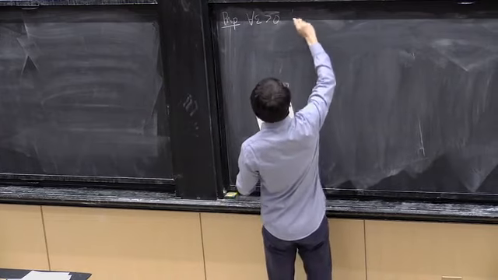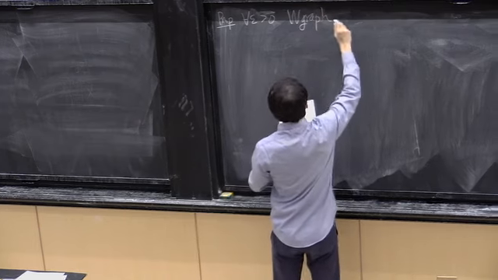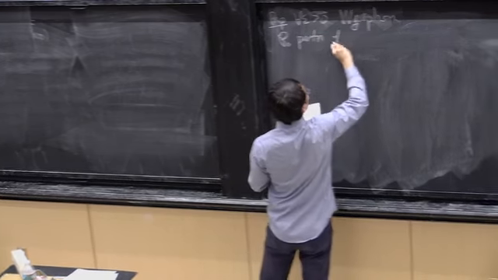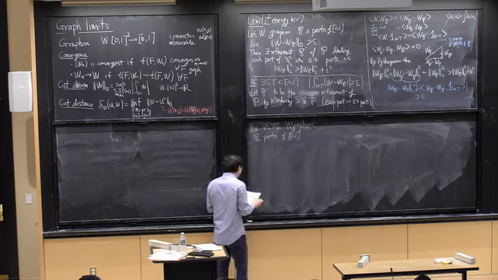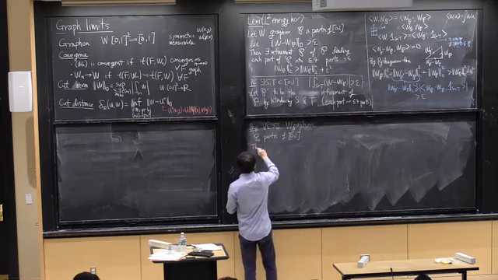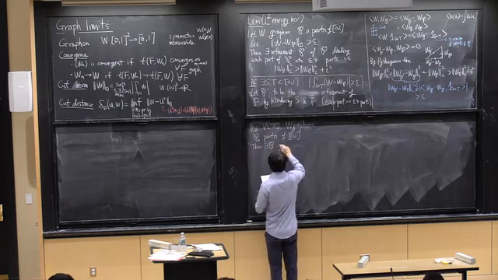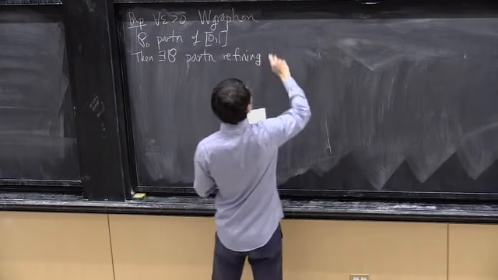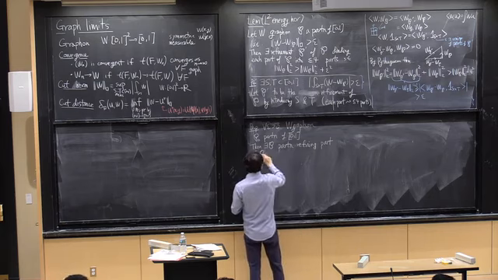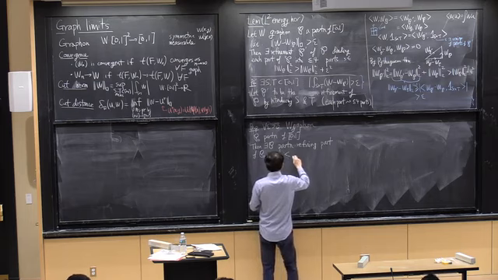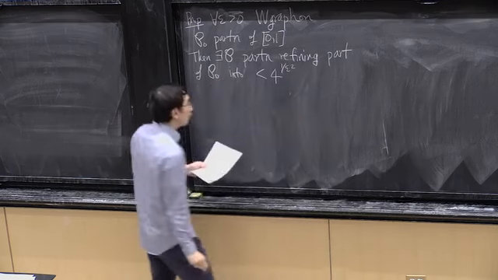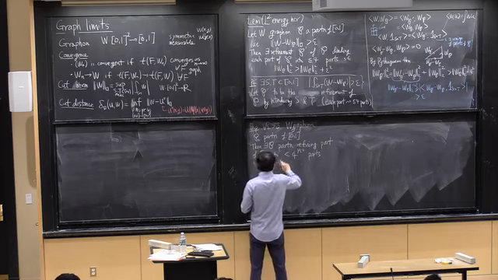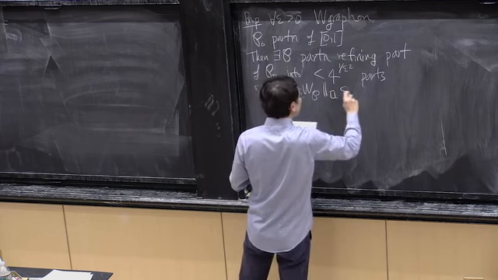So for every epsilon bigger than 0 and graphon W, suppose you have P naught, a partition of the 0, 1 interval into measurable sets, then there exists a partition P that cuts up each part of P naught into at most 4 to the 1 over epsilon parts, such that the cut norm of W minus W sub P is at most epsilon.